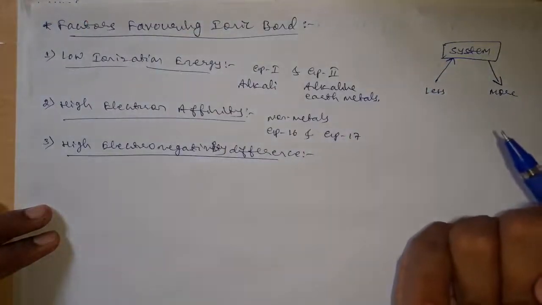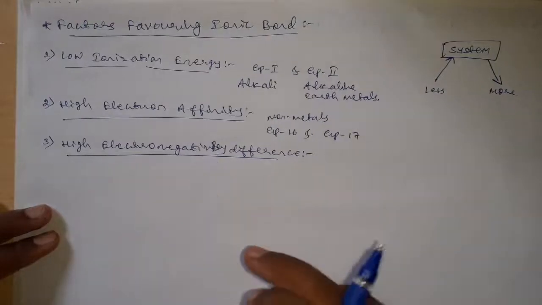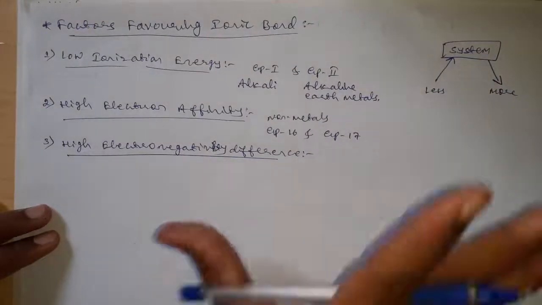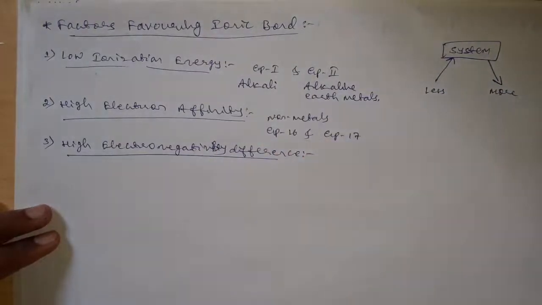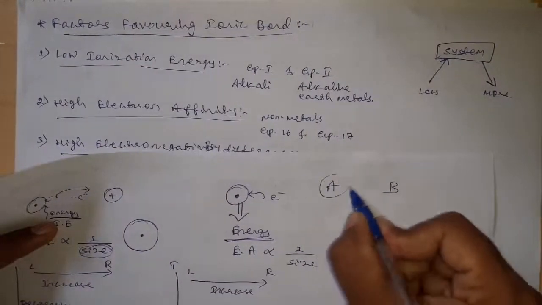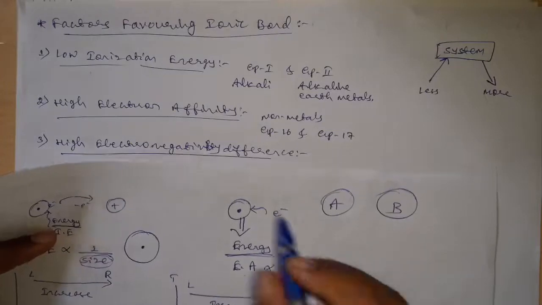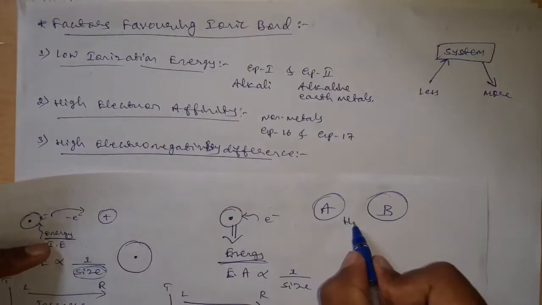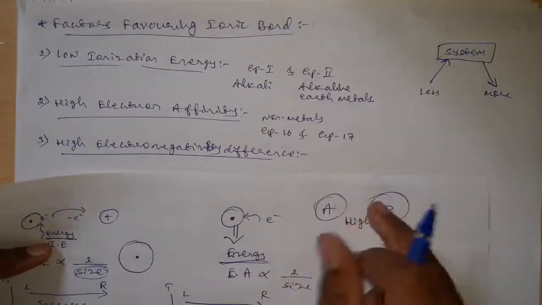Here they are telling that a high electronegativity difference should be there between the combining atoms. If atoms A and B are combining to form an ionic bond, then one atom is losing an electron and the other is gaining an electron, so there should be a high electronegativity difference between these two.